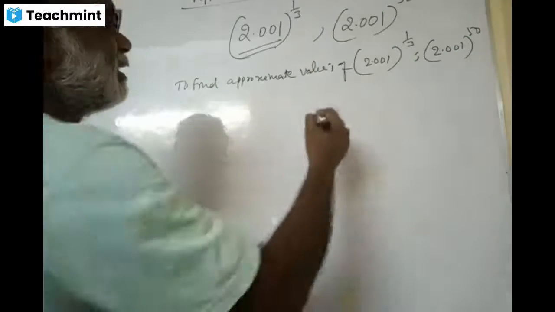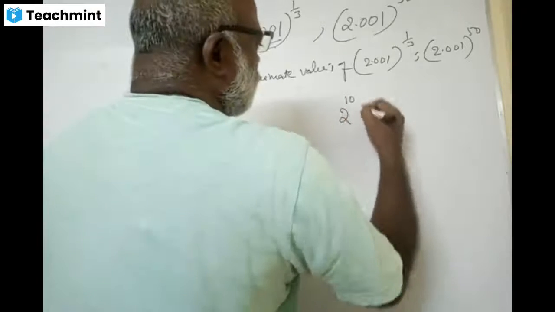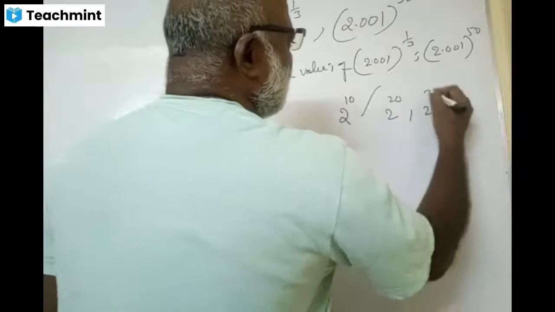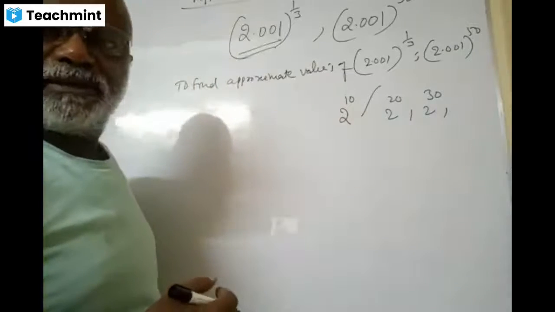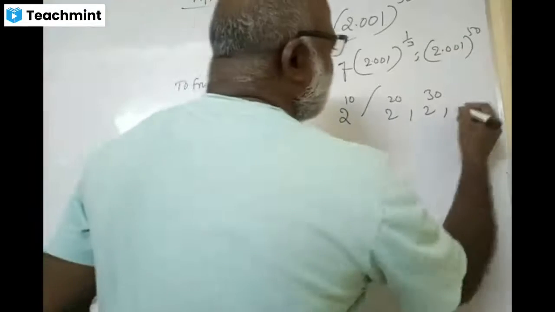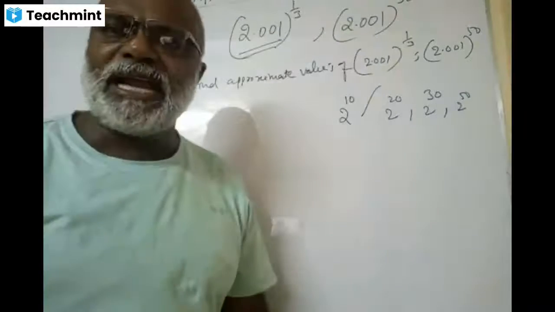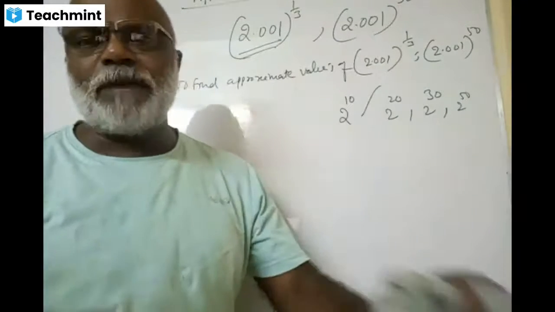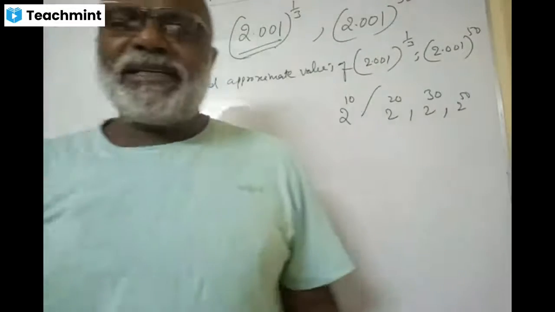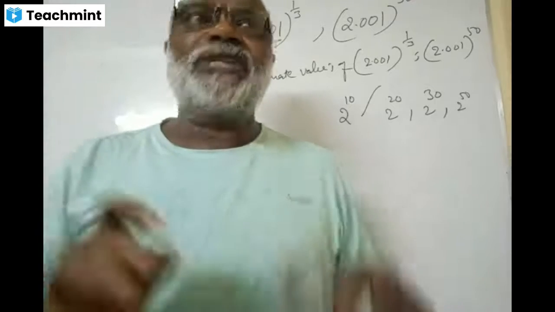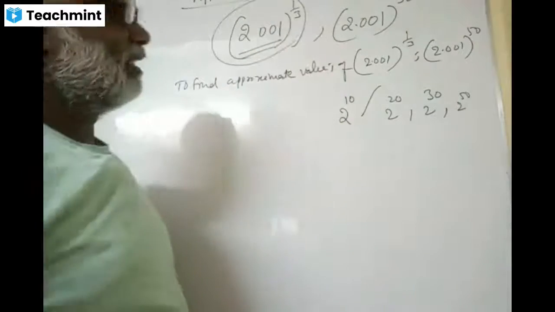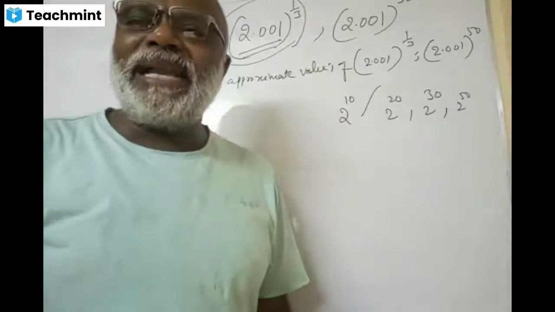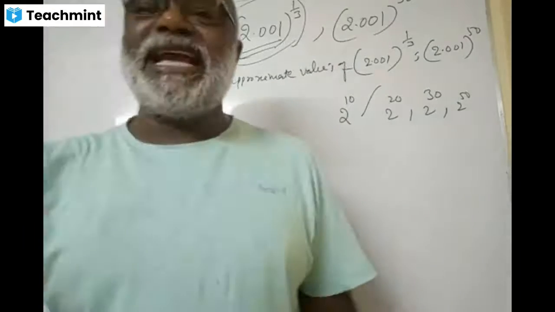Even 2 power 10, 2 power 20, 2 power 30, these values are very difficult to find. So we used logarithms to find 2 power 50, 2 power 30, etc. That also gives only approximations, and even logarithm becomes very difficult for numbers of this kind.